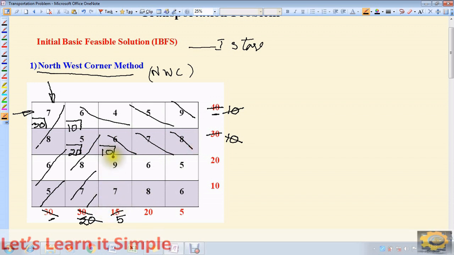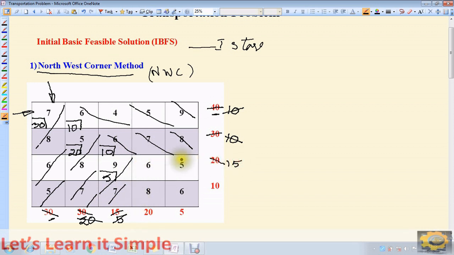Now I am left with this as the remaining matrix. The northwest corner is this. Compare 5 and 20. 5 is the least, which means that can be allocated. Since column 3 is completely allocated, 10 and 5 here, this vanishes. After allocating 5 here, I am left with 15 in the third row.